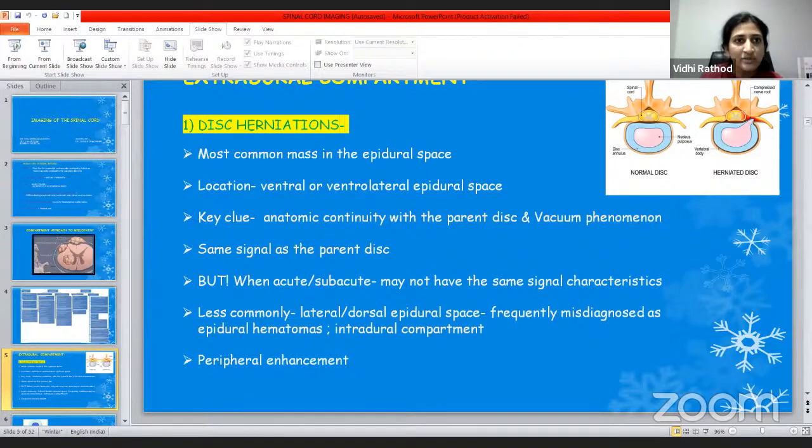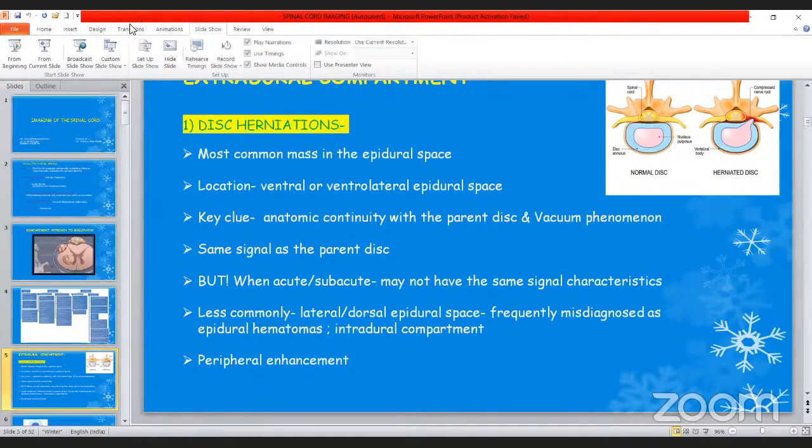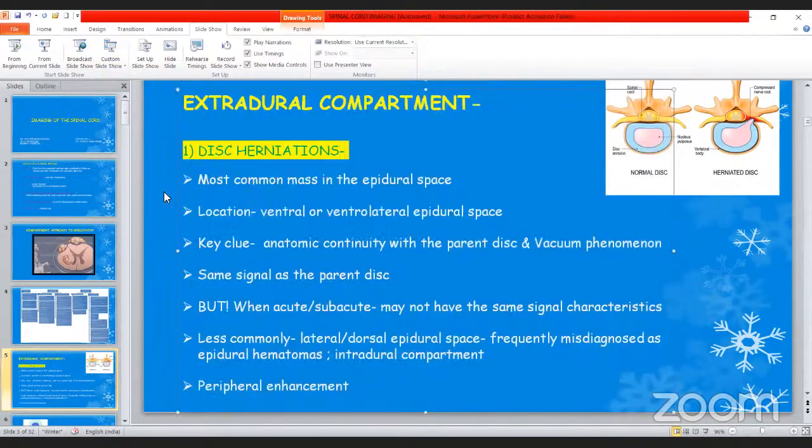Ma'am, is it seen now? Yeah, we can see your slide number 5, but part of the slide is getting cut from the top. If you try to move your slides up and down, I don't think we can see that.